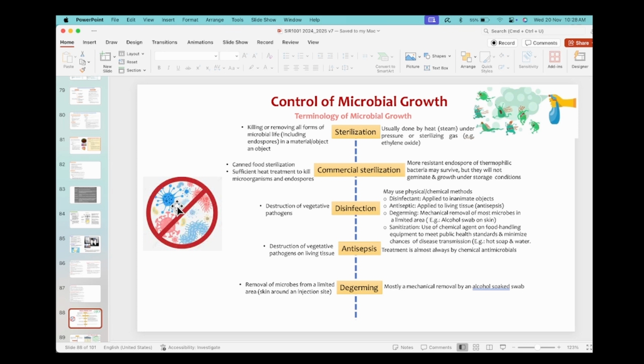So in the food industry, they can actually accommodate a certain number of bacteria as long as the bacteria are not pathogenic and as long as the numbers do not change the flavor and the texture of the food.